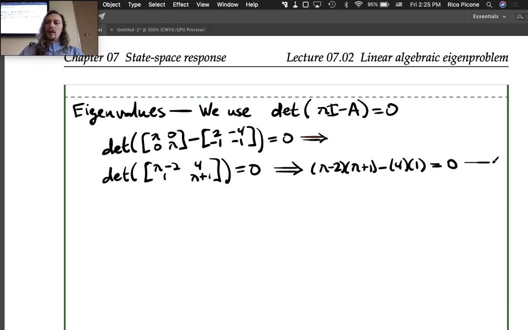And we can simplify that down, expand out the products, and we get the expression lambda squared minus lambda minus 6 equals 0. And you guys have been solving quadratic equations for so long, I feel no need to walk us through that in detail. Lambda 1 and lambda 2 end up being 3 and -2.